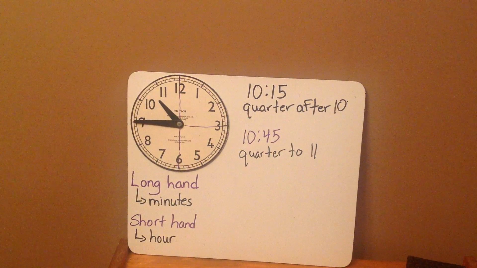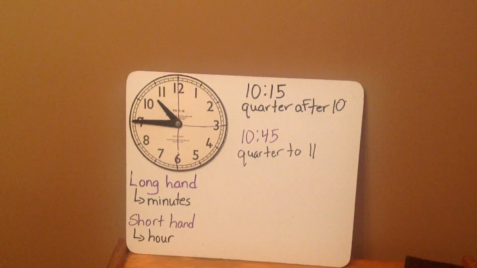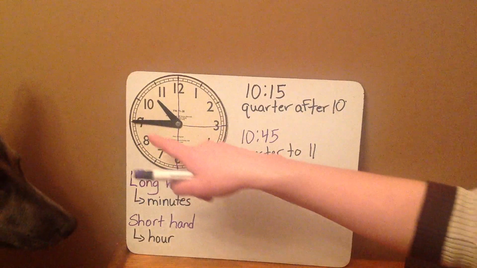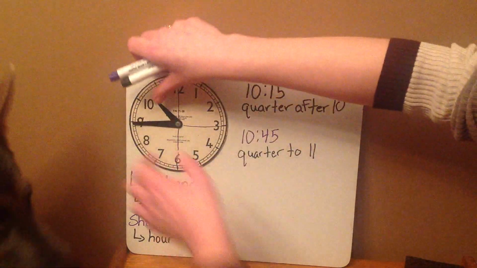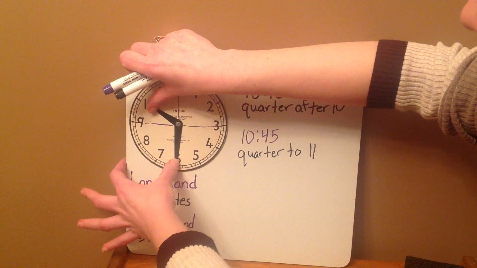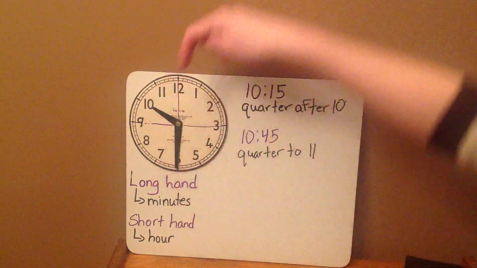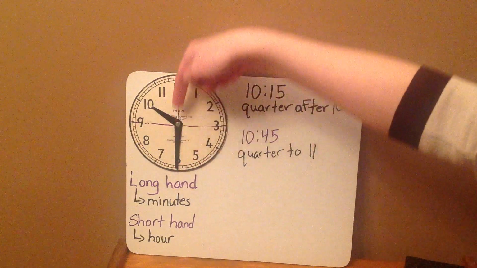There's one final way that we often represent time on a clock using different wording, such as quarter after or quarter to, and that's using half past. If I move my minute hand and I put it all the way down on the 6, you'll see that this represents half of my clock if I go straight up and down from the 12 to the 6.